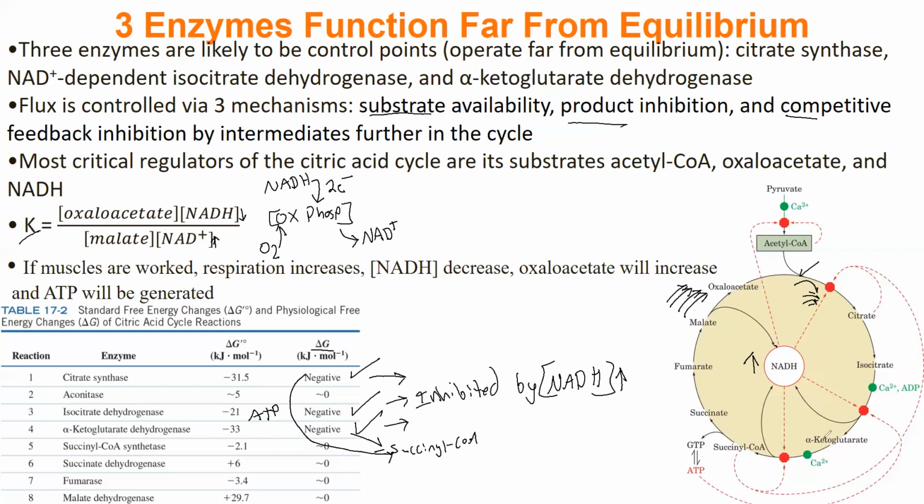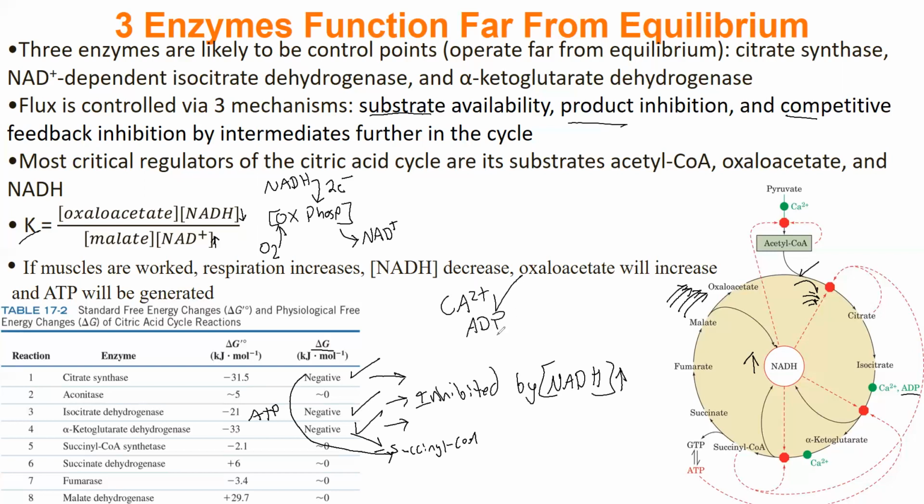What turns on the citric acid cycle? Calcium. Calcium's a big signal saying, let's turn on the citric acid cycle. It turns on PDH for us, also turns on isocitrate dehydrogenase, and also alpha-ketoglutarate dehydrogenase. And also ADP.